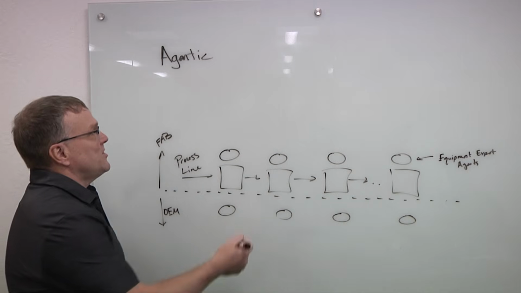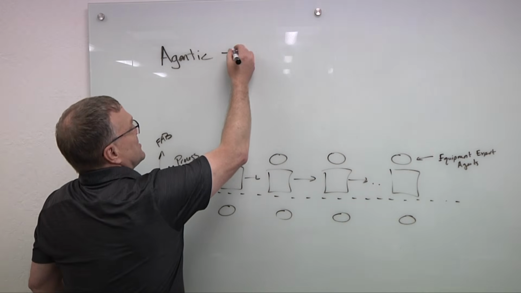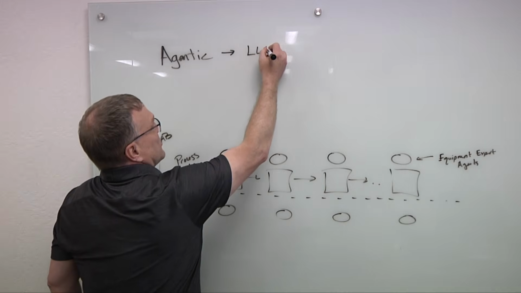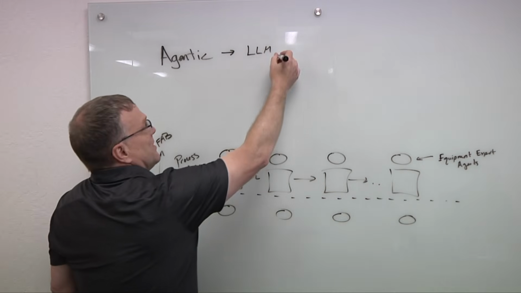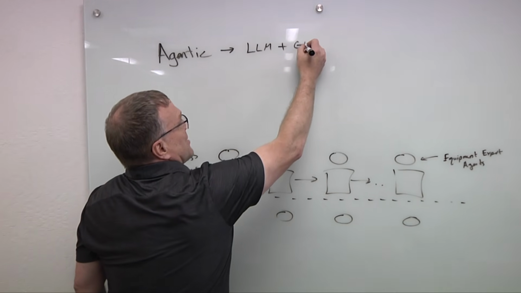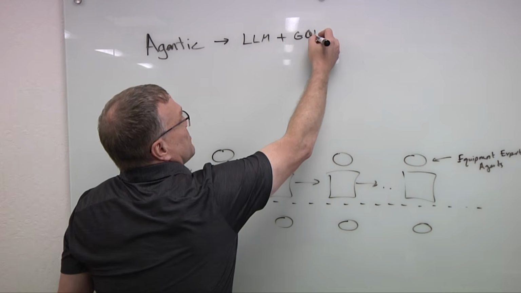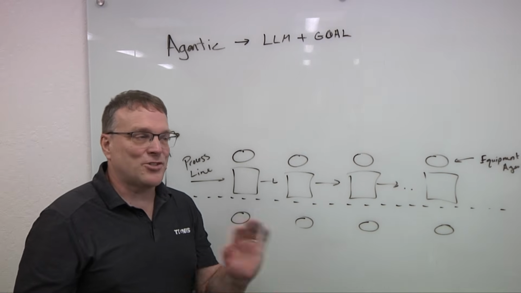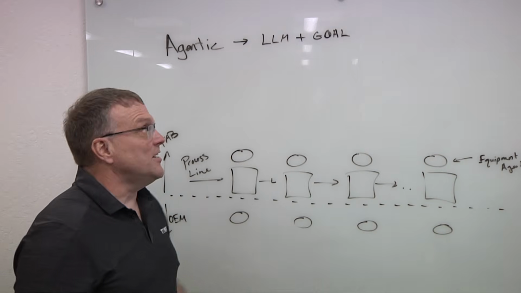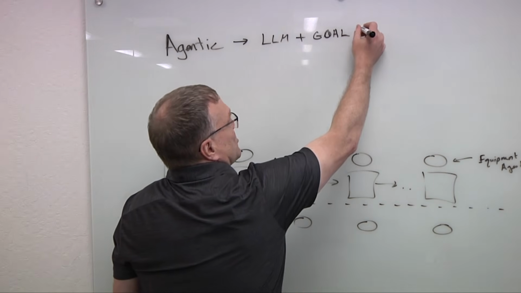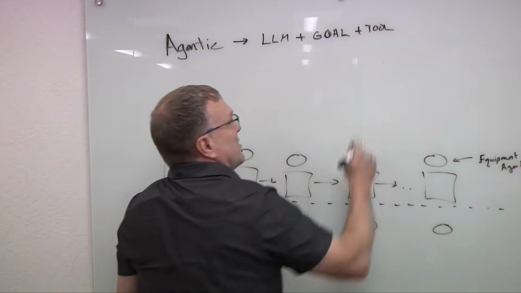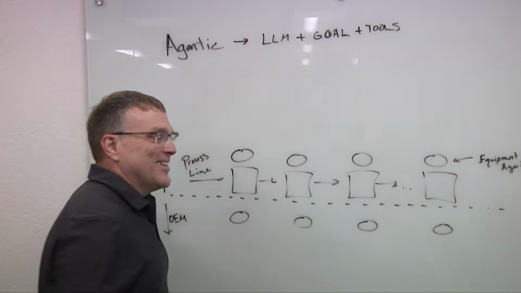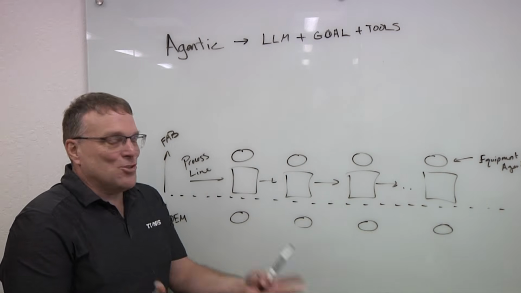And so what do you mean by agentic? Agentic means, okay, so you've got something like a large language model, right? But we're giving it a goal, right? So rather than repeatedly prompting it, here's a prompt, here's a prompt, here's a prompt, we're just giving it an overarching goal. Go get this done, right? And then what we're doing is we're giving it tools, right? As we like to say, we're letting it actually do stuff, right?